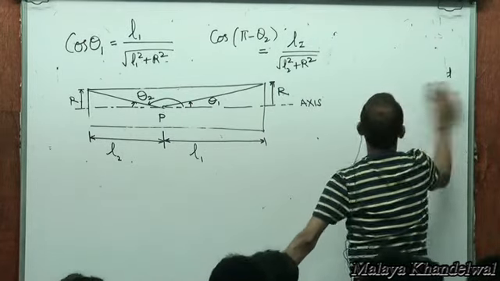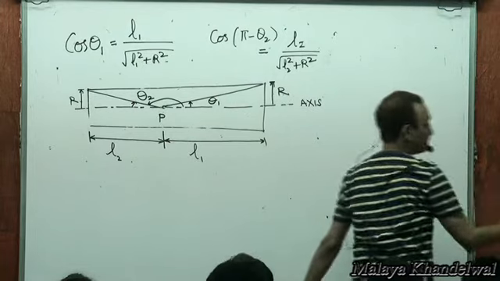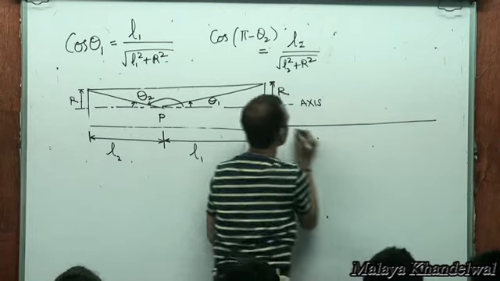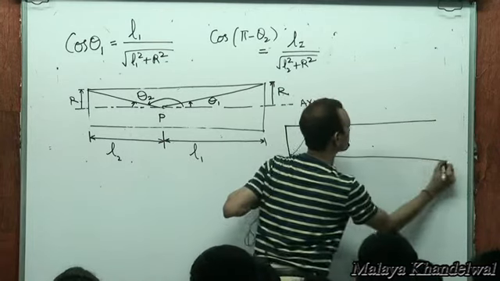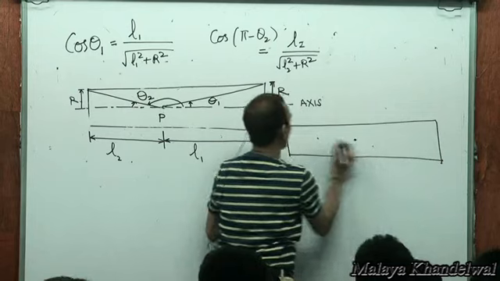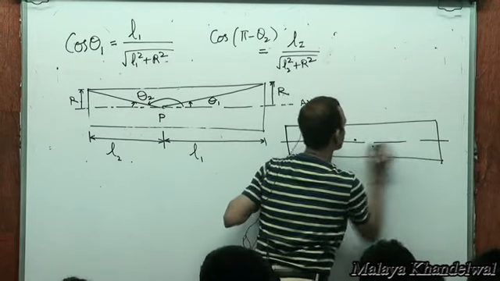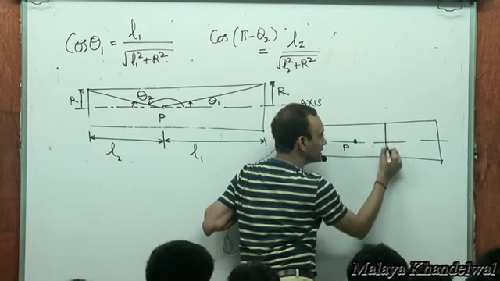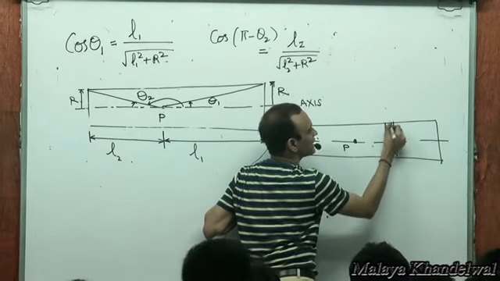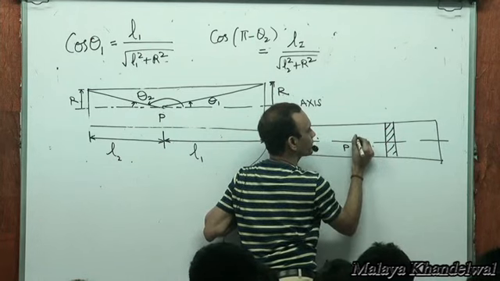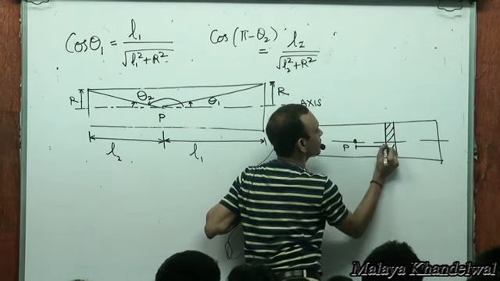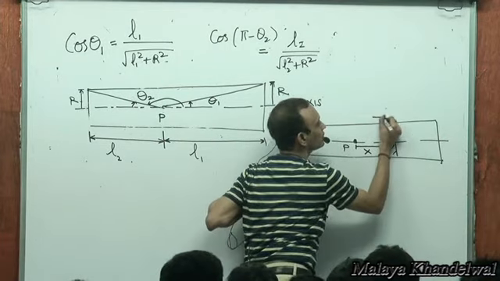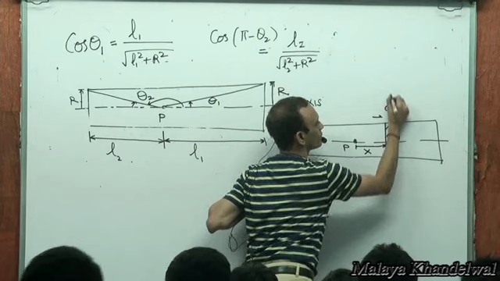Now, what I do is, with point P on the axis, at a distance x from the point P along the axis, I select this coil of thickness dx.